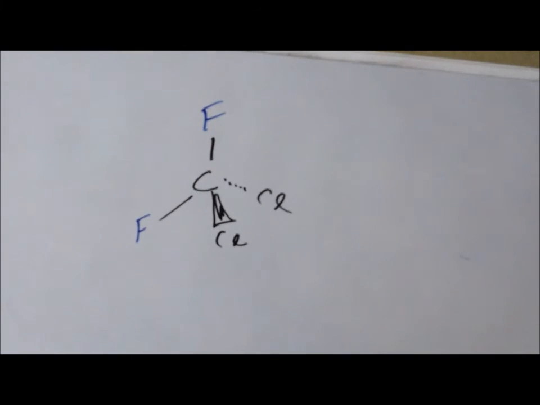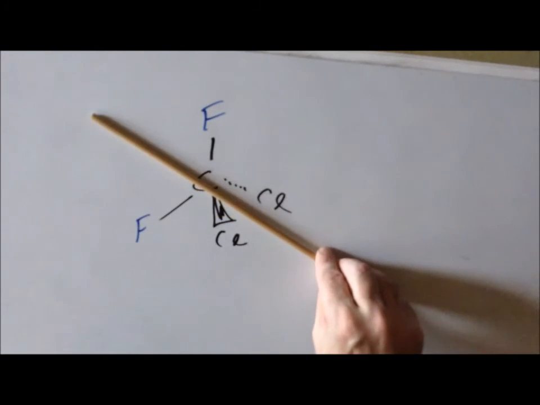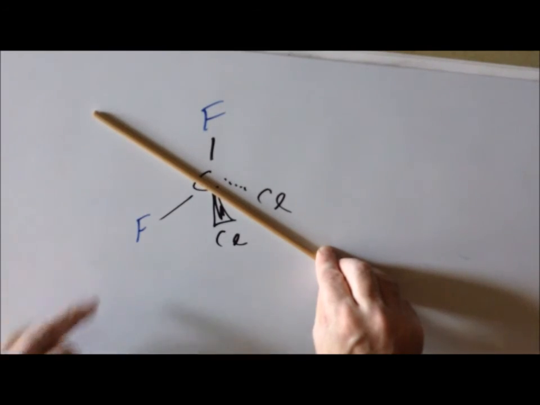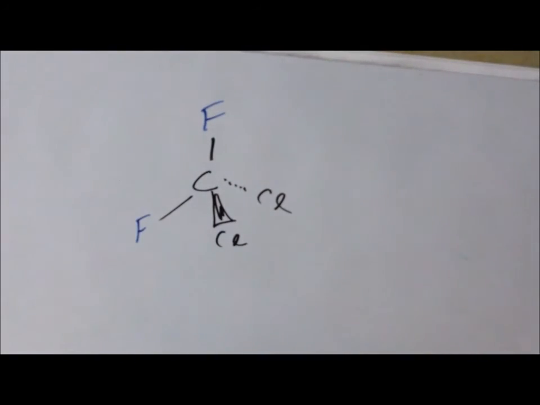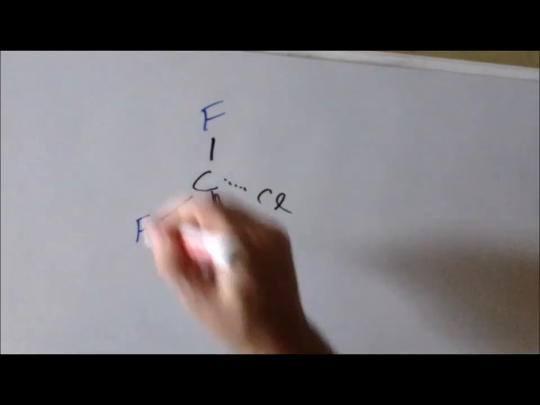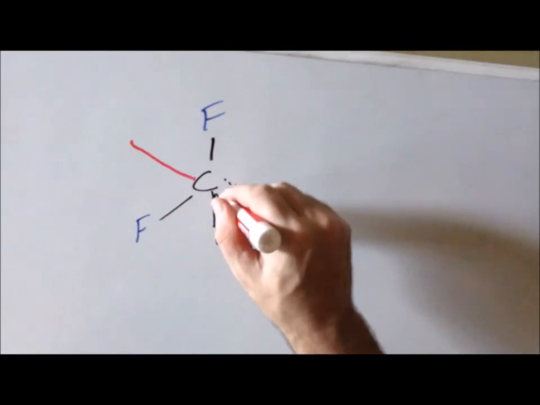If I look along this particular axis, if I do a C2 along here, it's going to take fluorine into fluorine. It's going to take the chlorine in front to the chlorine in back. So it swaps 2 fluorines, it swaps 2 chlorines. Therefore, there actually is a C2 symmetry element along this particular line. And this is in the plane of the board. So we have a C2.